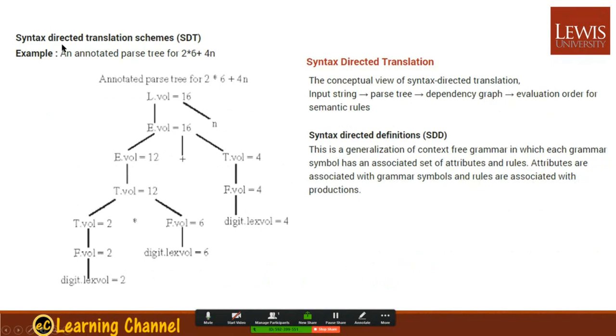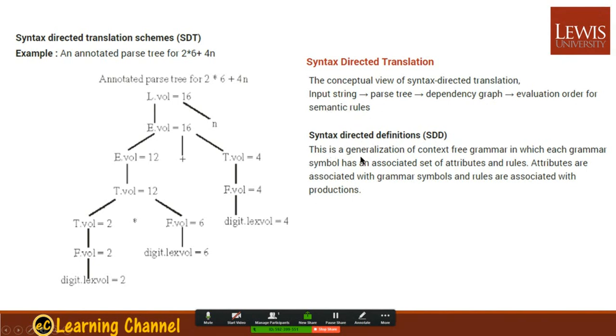So here is a syntax-directed translation scheme. We go through the tree, and we generate different values for that, and then the tree looks like this. It's a syntax-directed translation. The conceptual view of syntax-directed translation: we have input strings, parse tree, dependency graph, and evaluation order for the semantic rules.